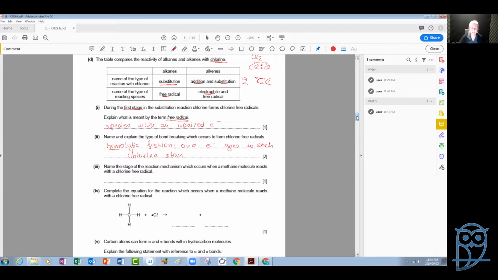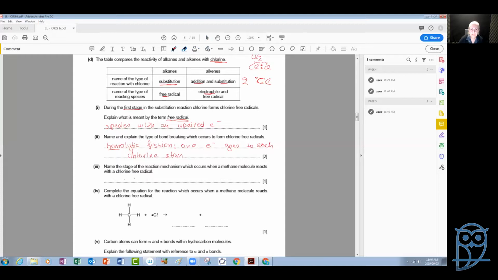Name the stage of the reaction mechanism which occurs when a methane molecule reacts with a chlorine free radical. They ask what is the name of this stage.